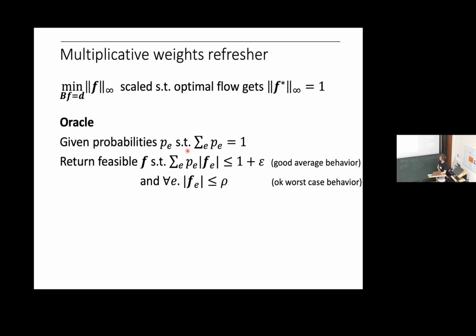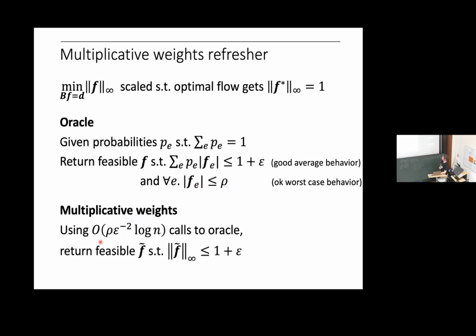Given some probabilities, summing to 1 over the edges, return a feasible flow with respect to the demands such that the average entry is at most 1 plus epsilon, in order to get a 1 plus epsilon approximate solution. And then the worst case, how large any particular entry can be, should be bounded by something called the width of the oracle. And this will govern the running time of the algorithm.